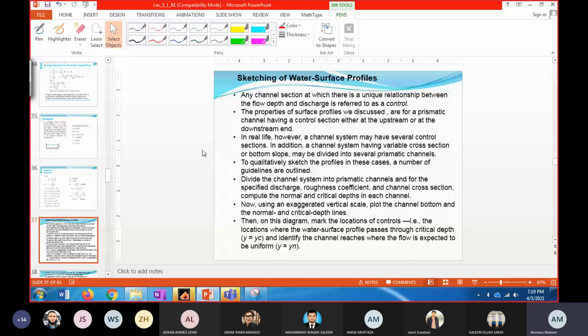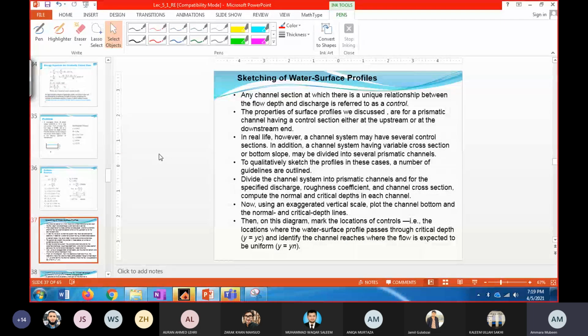So in order to use that governing equation and whatever equations we have studied, keep the assumptions in mind: if you are applying the uniform flow equation, then the channel should be prismatic, and you have to divide the whole reach into small prismatic channels.